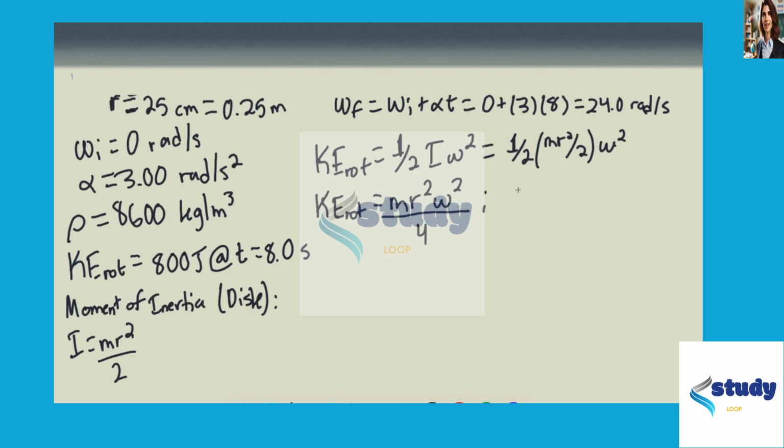We're also going to make another relationship and say that the mass of this body, or this disk, is going to be equal to the density times the volume, which is the definition of mass. We can further say that the volume is going to be equal to pi r squared d, where d right here is the thickness.